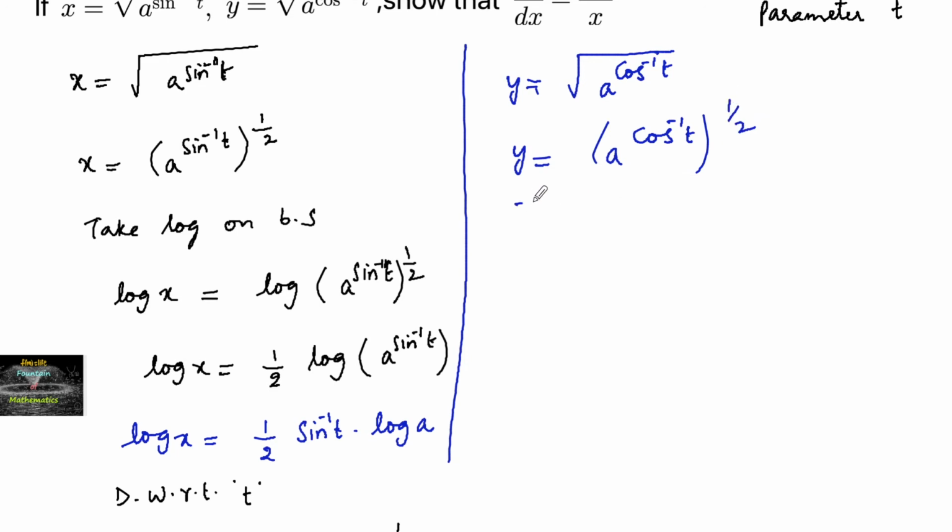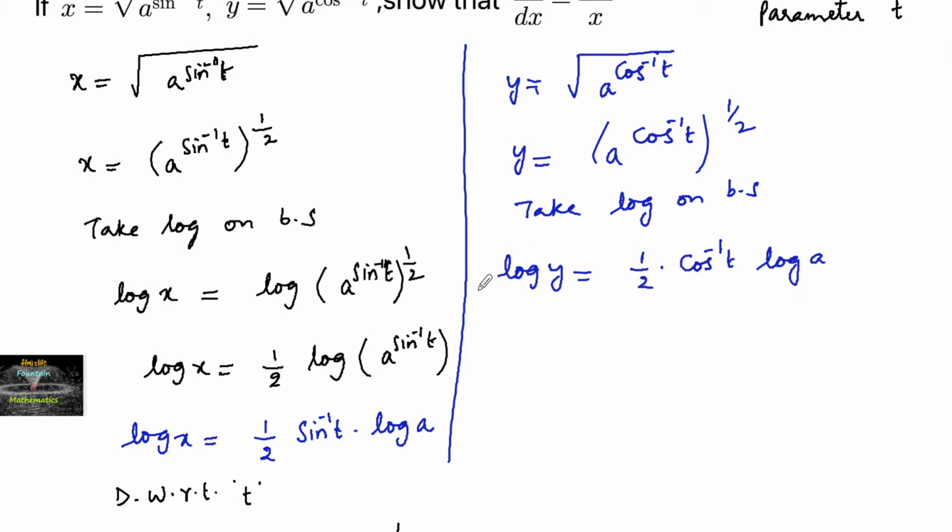Again take log on both the sides. So we have log y is equal to, I can write directly, 1 by 2 times cos inverse t times log a, just as before.